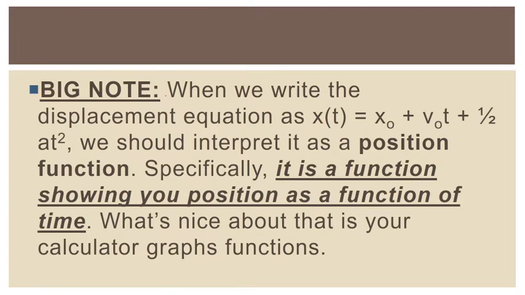Specifically, it's a function showing you the position of an object as a function of time. And of course, what's particularly nice about that is that your calculator graphs functions. Take a second to pause this video and write that down, because that's really important. And then we're going to take a second to see how that works.